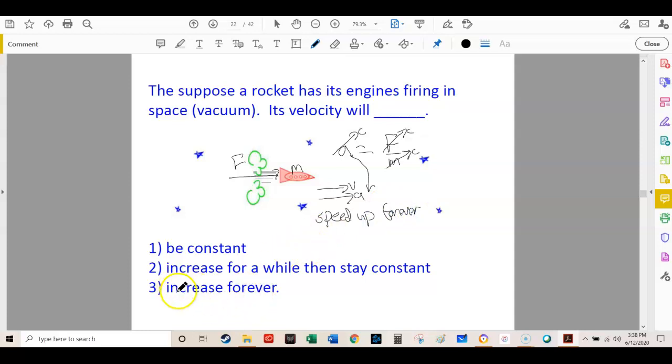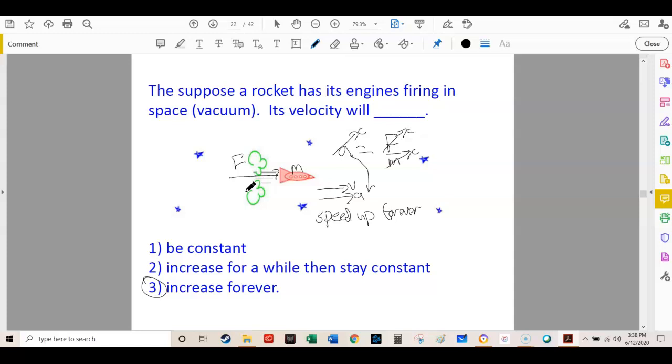So your velocity should be increasing forever. Now, if you were considering the speed of light, yes, it would increase for a while, then stay constant. But most of us would think that just like if I'm hitting the accelerator pedal in my car, if I hit the accelerator pedal for a little bit, I'll increase in speed for a little bit, and then I'll hit a constant speed.